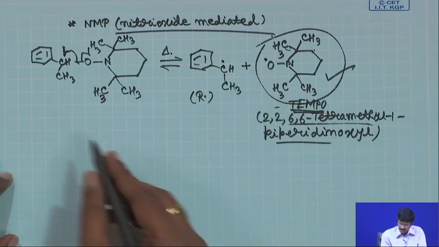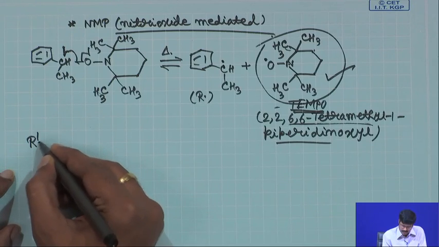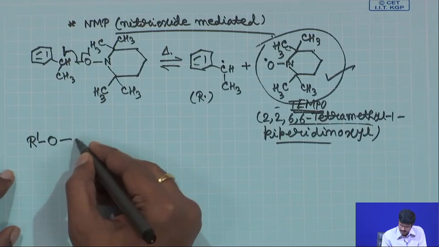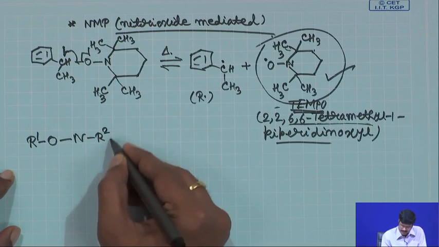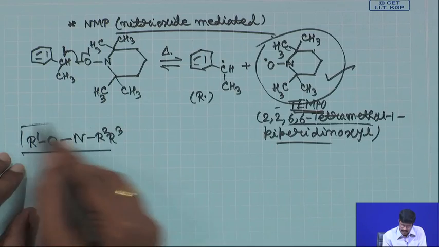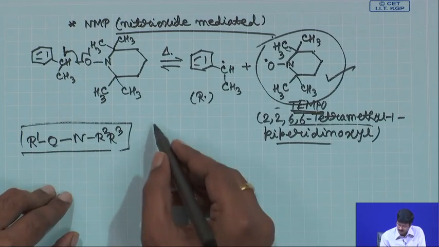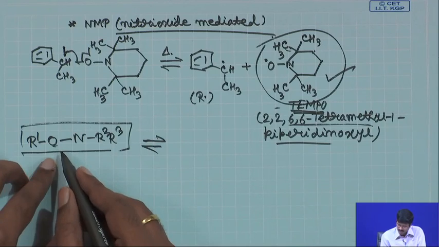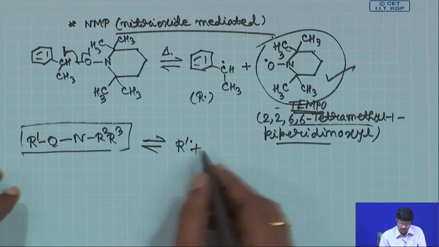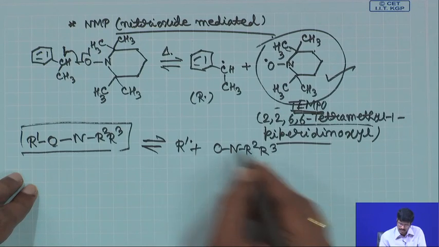So, basically the general scheme is something like that. So, you may have, let us say, a nitroxide like this. So, this is your initiator species which can decompose, dissociate to create your nitroxide radical. So, what will happen is that you have R1 dot plus O N R2 R3 dot.